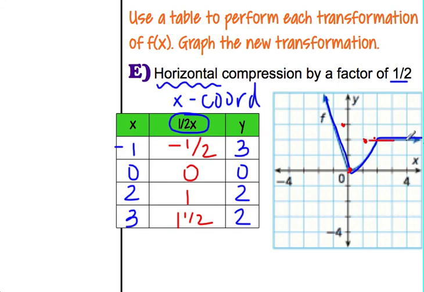So it's still going to shoot out this way, and then it's going to curve down a little tighter and shoot up a little. There we go. And so as you can see, it gets that much tighter in there, which creates this horizontal compression because compression means we're going to squish it towards the y-axis.